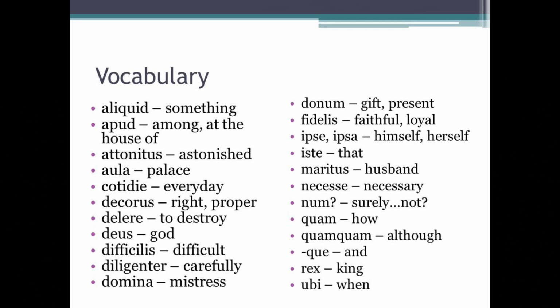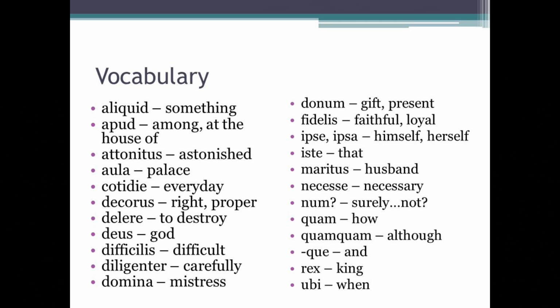Difficilis, that's a nice easy one to remember. Difficult. Diligenter, carefully. A domina is a mistress. Donum is present or gift. Fidelis is loyal or faithful. Ipse means himself, and ipsa means herself. Iste, that. Maritus is a husband.